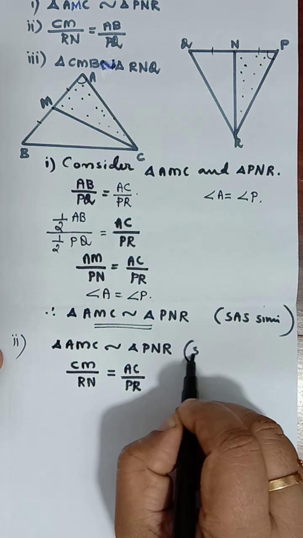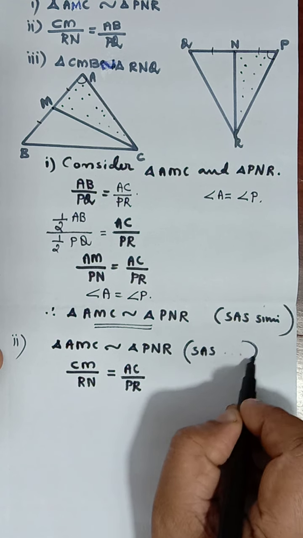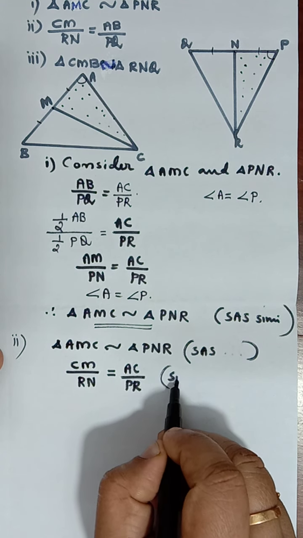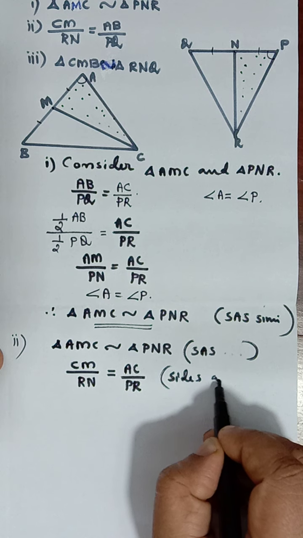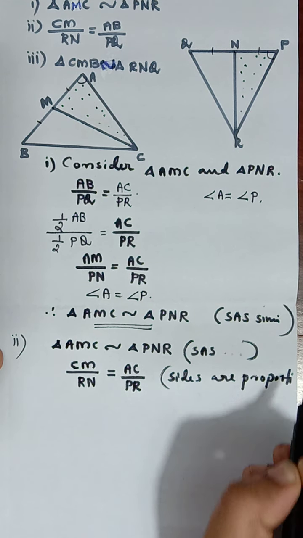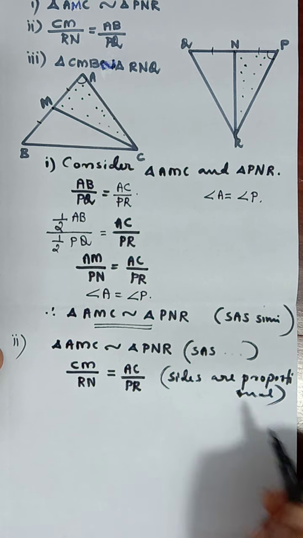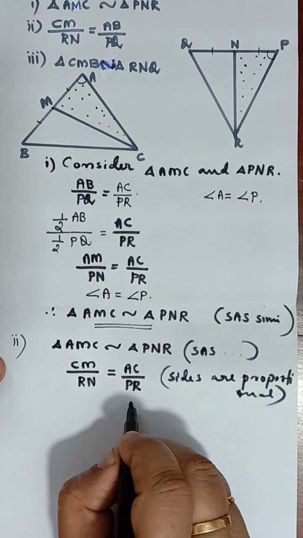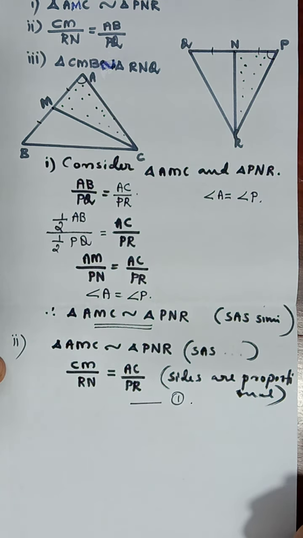It is similar by SAS similarity criterion. Therefore, sides are proportional. And let us consider it as equation number 1.